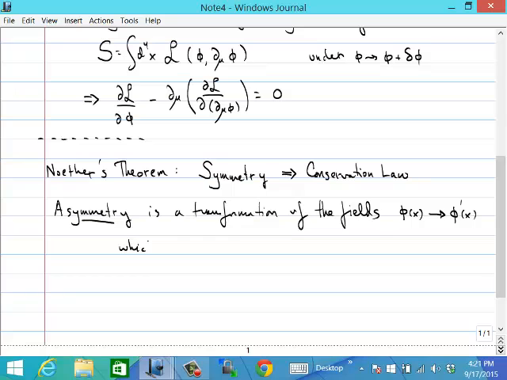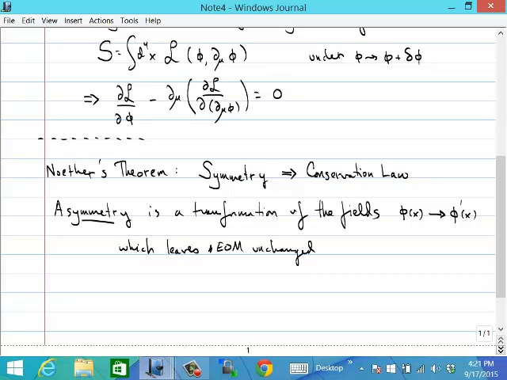And the basic property is that it leaves the equations of motion unchanged. In particular, if you rewrote the equations of motion in terms of the new field phi prime, they would take the exact same functional form as they would if you wrote it in terms of phi. Okay. And so we'll see several examples of these sorts of symmetries.